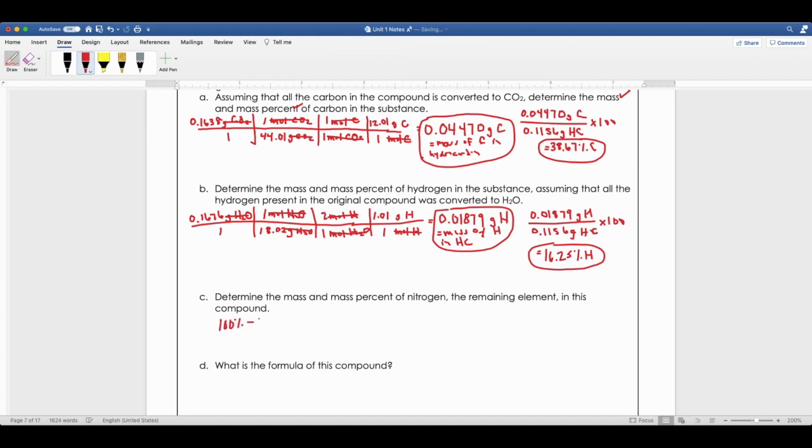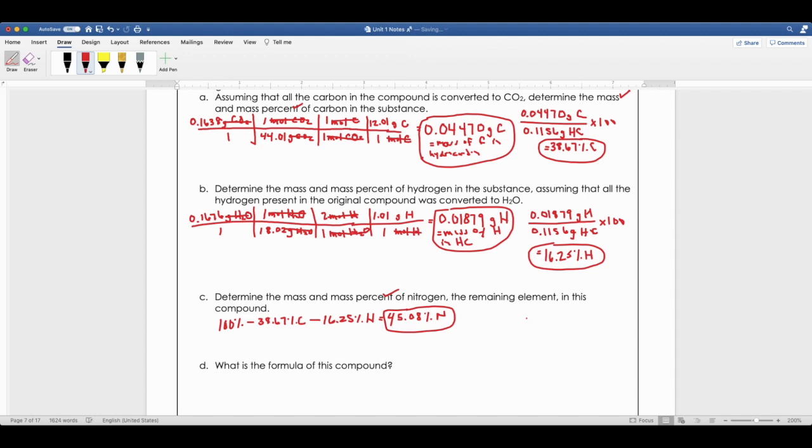I'm going to subtract 38.67% of carbon from that. And I'm going to subtract from that the 16.25% hydrogen. And when I do that, I get 45.08% nitrogen. So that's the mass percent of nitrogen.